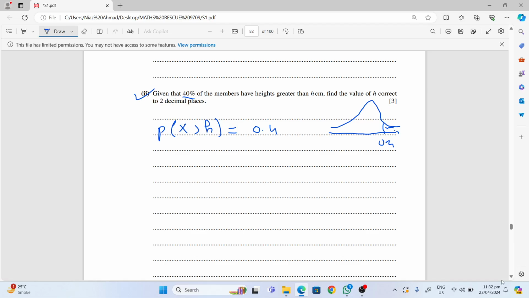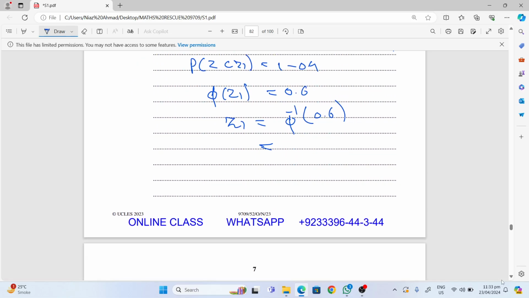So you can say the probability of z less than z1 would be 1 minus 0.4. So this is 0.6. It is actually phi of z1. I want to get the value for z1, so phi becomes phi inverse. So this is 0.6. From the table you can get your value from the 0.6. It is giving you 0.253.